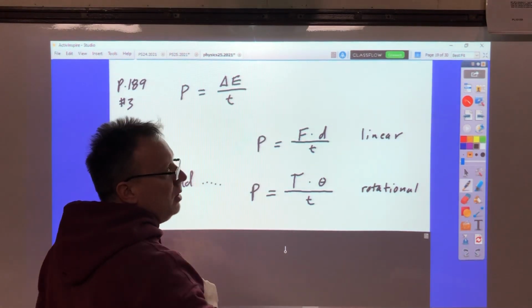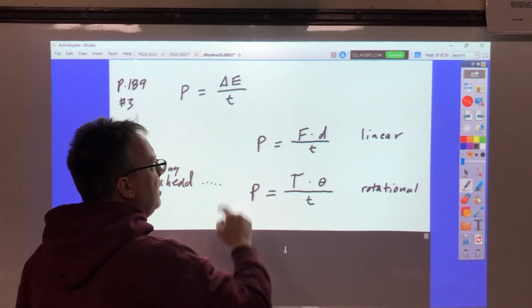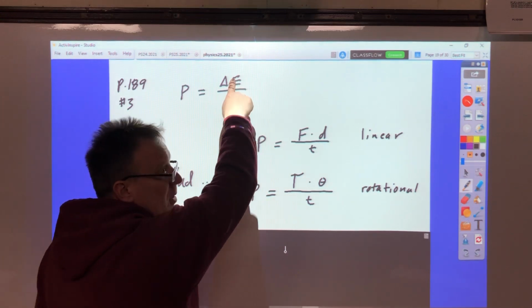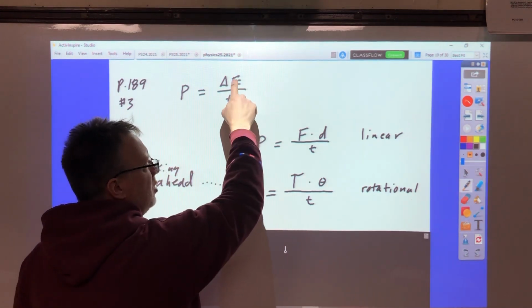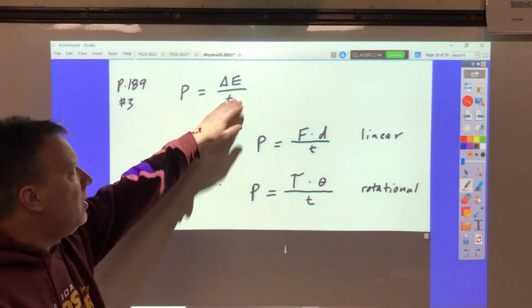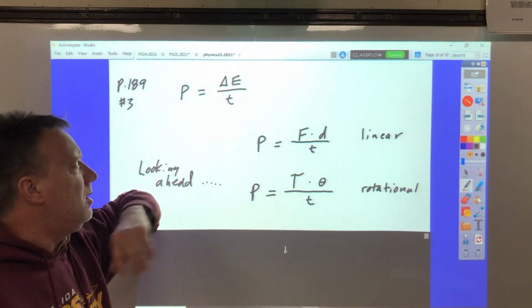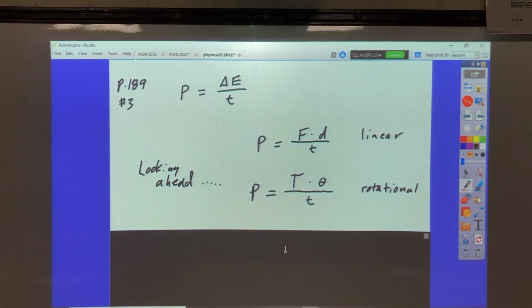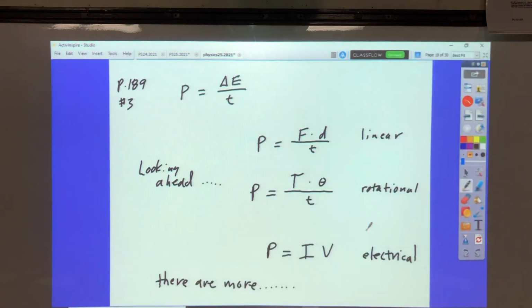This could be work, this could be gravitational potential energy, this could be elastic potential energy, it could be some combination of the three. This should really be mechanical energy for this chapter, but it could be electrical energy, it could be thermal energy, it could be nuclear energy. That's all we need for that one.